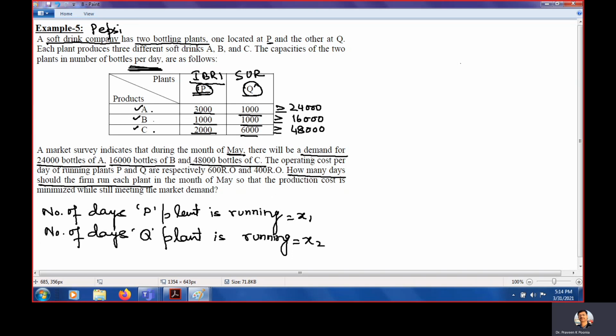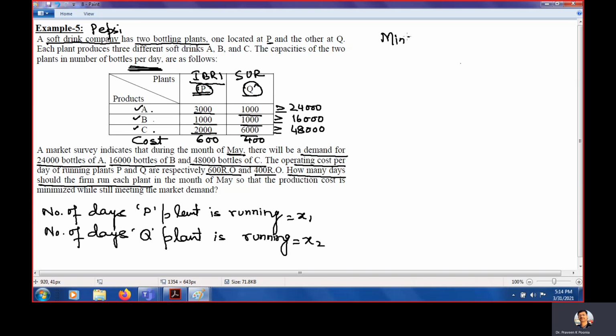Okay, the operating cost. If cost is involved, it is a minimization problem. The operating cost per day of running plant P is 600 Omani Riyal and Q it is 400 Omani Riyal. So dear friends, this is the cost involved. Now you can write the formulation of the problem.